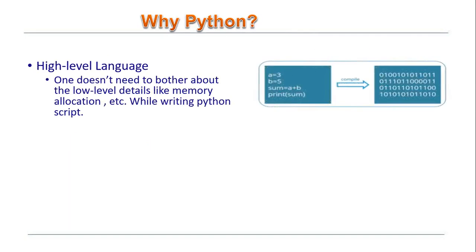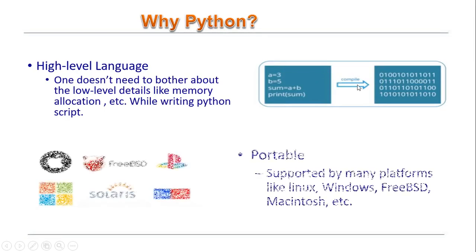Now, with a high level language, one does not need to bother about high level details like memory allocation. Here, this is my Python code: a is equal to 3, b is equal to 5, and this is the summation. It is directly compiled by the interpreter into byte code, which can be run on any operating system.